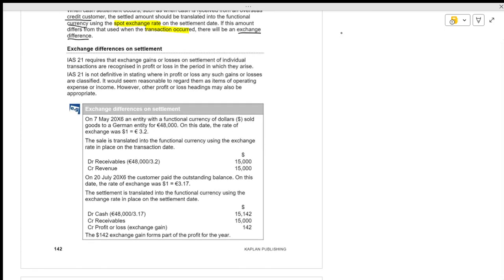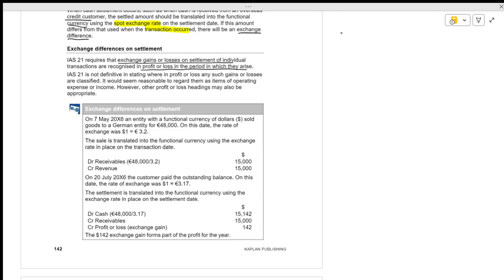IAS 21 requires that exchange gains or losses on settlement are recognized in the profit and loss account in the period in which they arise. If there are any profits or losses, they have to be recognized in the same period.